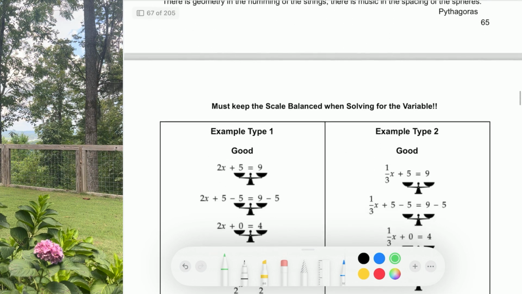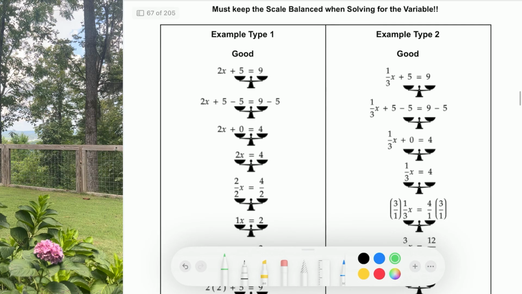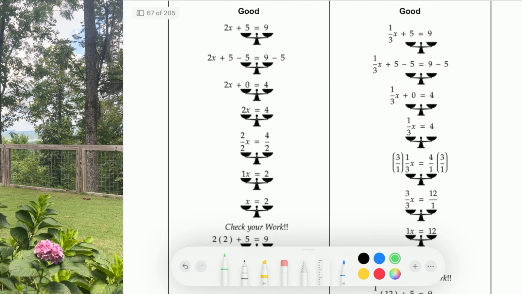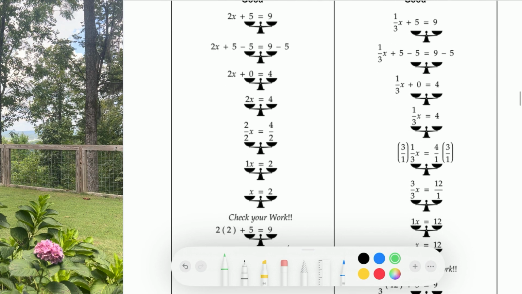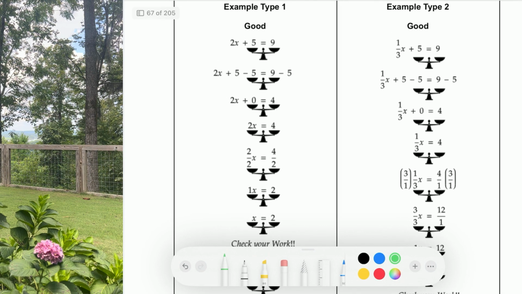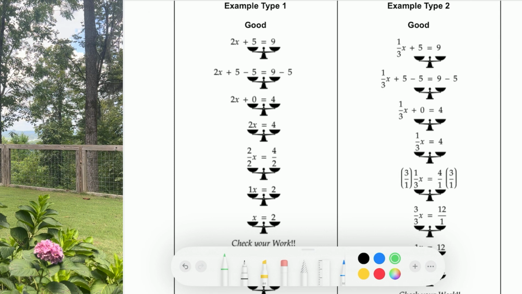So let's look at two good examples, okay? Example 1 is on the left here. We'll scroll back up and look at the right side in just a minute. Let's see if I can fit all of that on the screen. Okay, so we start out with 2x plus 5 equals 9.